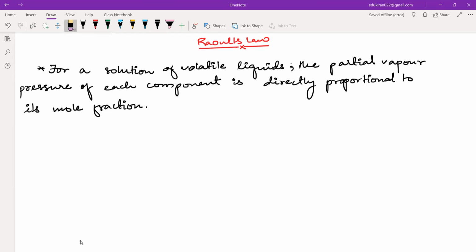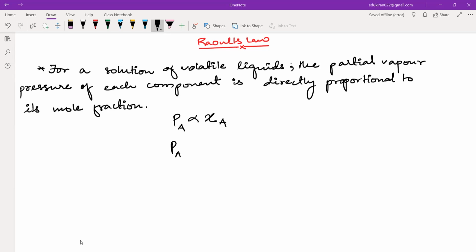Now, if I write this down mathematically, that means if I have a component A, liquid A, its partial vapor pressure will be equal to PA, which is directly proportional to chi A, right?